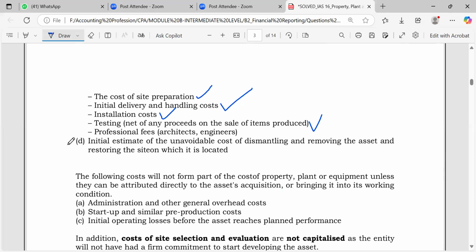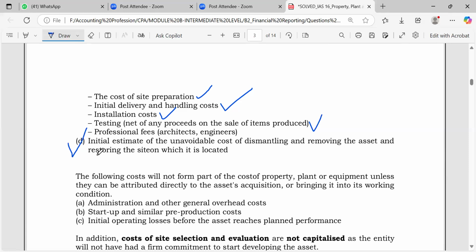And lastly, the initial estimate of the unavoidable cost. They have written a lot of it, and you may say, oh, what am I going to do? When you have the machine, for example, I also did telecommunications engineering. Are there telecommunication towers in your country?